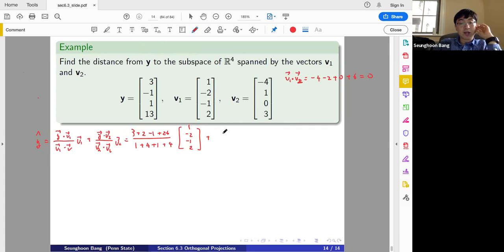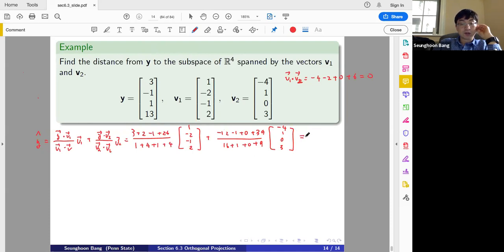Plus y dot V2: 3 times minus 4, negative 12, minus 1 times 1, minus 1. 1 times 0 is 0. 13 times 3 is 39, over the minus 4 squared 16, 1 squared 1, plus 0 squared 0, 3 squared is 9, with vector v2 being -4, 1, 0, 3.